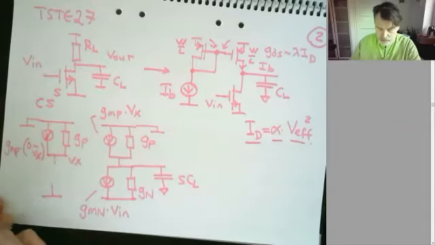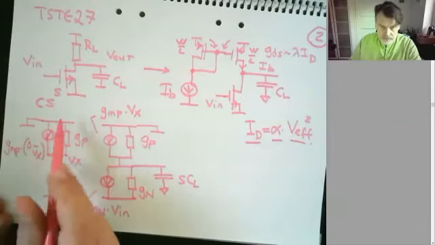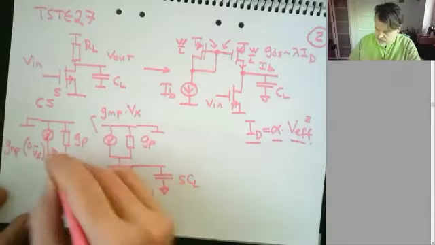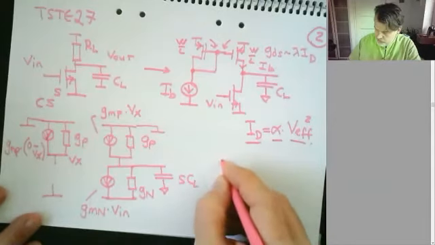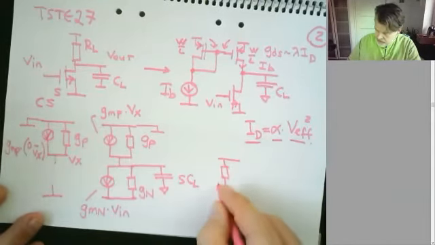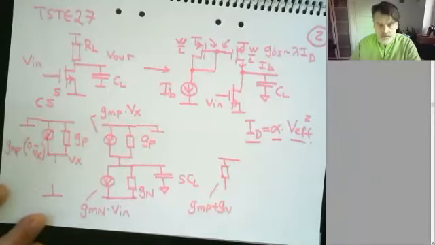So this current source dependent on the voltage across itself is just replaced with a conductance, sorry. This turns into GMP plus GN only.